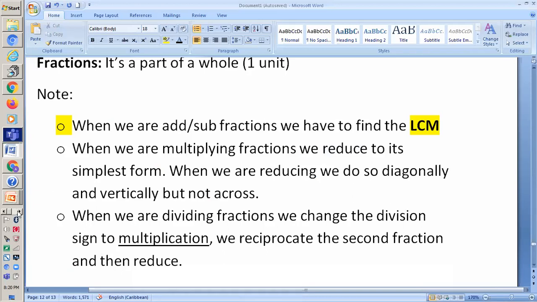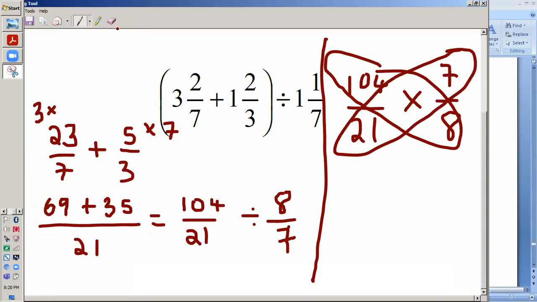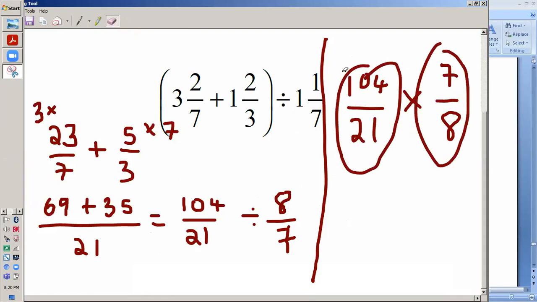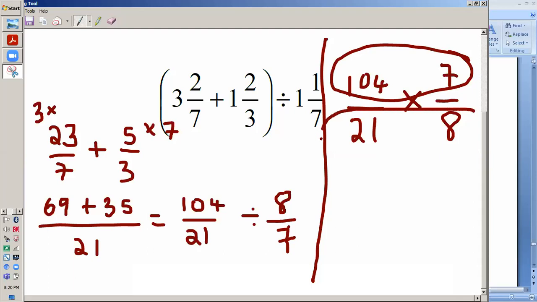Let me explain that. Diagonally means like this. We can cancel like that. Vertically means that we can cancel like this. But what we can't do is to reduce like this. We can't say 7 to 104. We can't say 18 to 21. We can't do that. Everybody following?